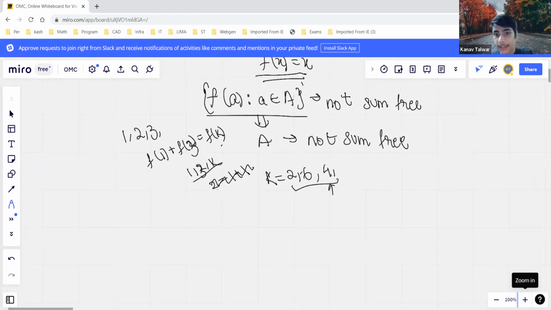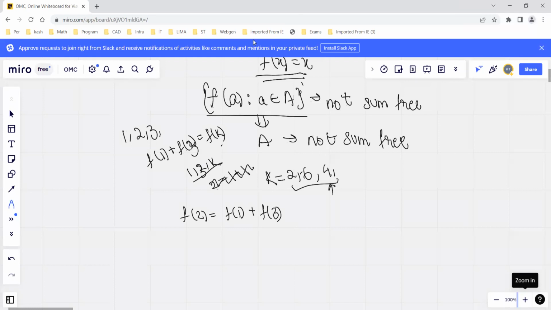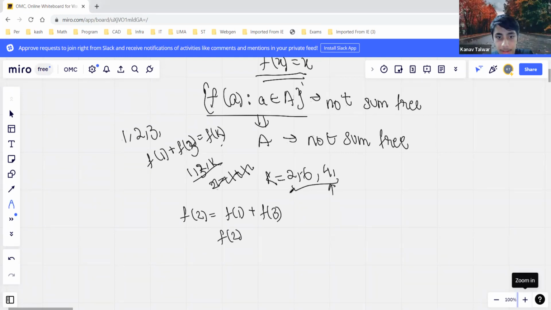So now we want that k should be 4, right? So what if k is 2? That is, what if you have f of 2 equal to f of 1 plus f of 3? Then what if we take 2, 3, k? Just because the set 2, 3, k is not sum free, you must have that k is either 2 times 2, 2 times 3, 3 minus 2, or 3 plus 2.